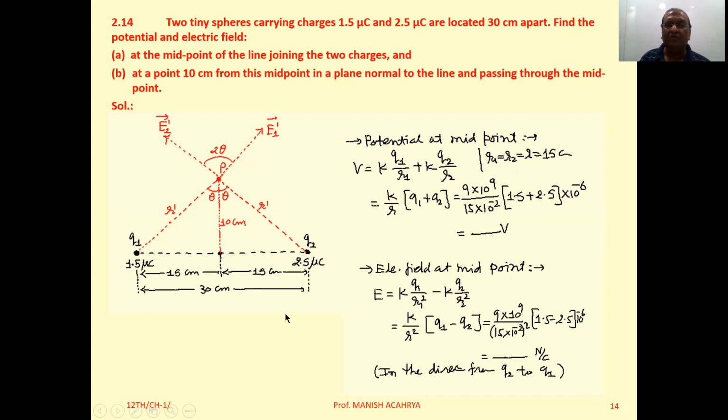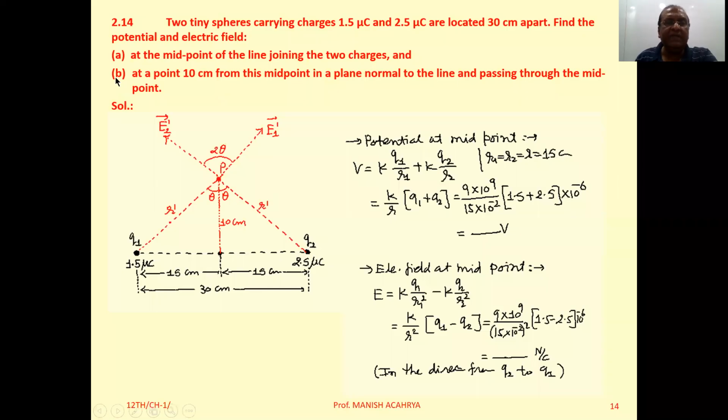Now the direction of electric field will be from Q2 to Q1, because Q2 is greater than Q1. So the electric field of charge Q2 will be the dominant one. So the resultant direction of the electric field at midpoint will be from Q2 to Q1. Clear to all of you?